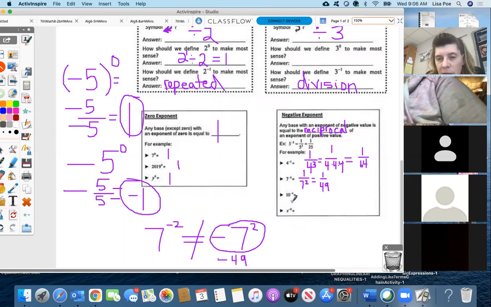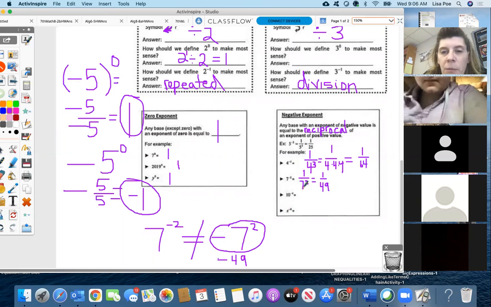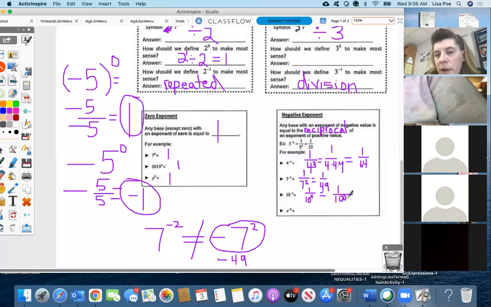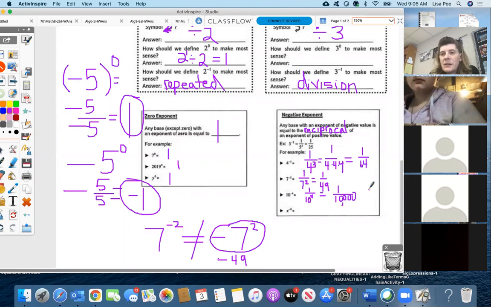Okay, I think that's 10 to the -4th. What is that number simplified? 1/10 to the 4th, which would be equal to 1 over 1 with 4 zeros behind it, right? You guys have questions on this?